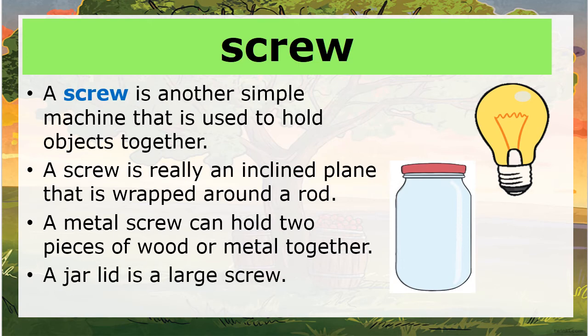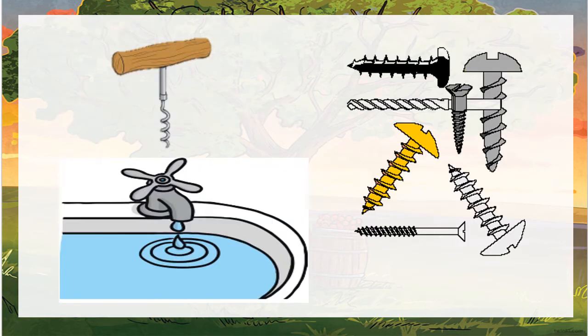A jar lid is a large screw. Here we have examples of screws. The faucet on your tub and your sink are screws. We use a screw to open up our wine or beverages. And then we use screws to hold things together.